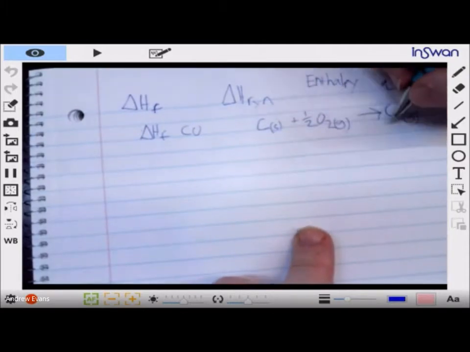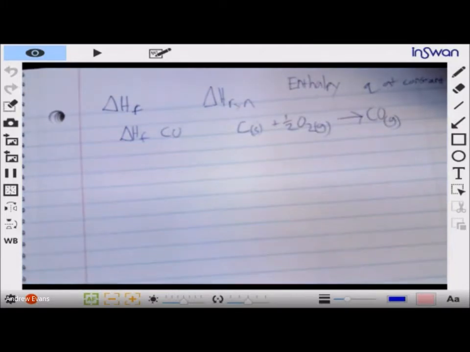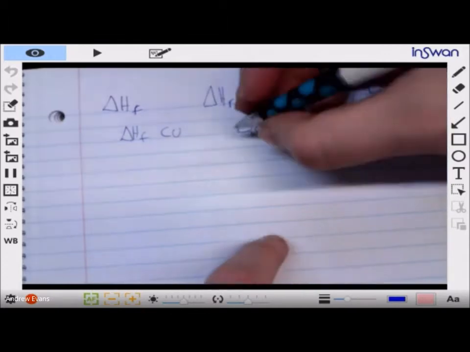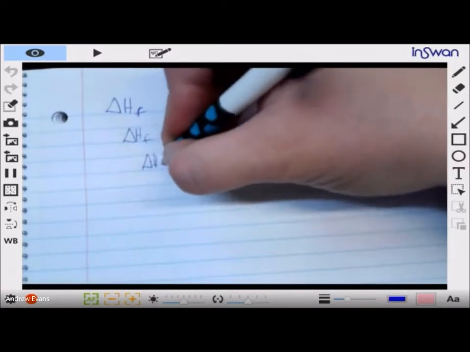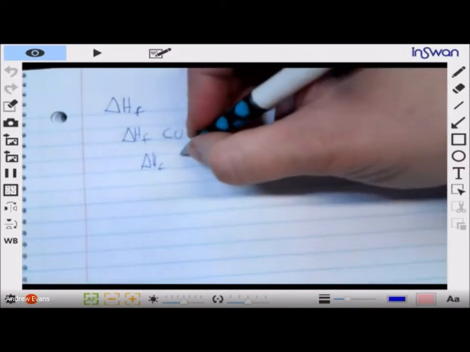This is the one time we're allowed to have fractions in here because we want the enthalpy of formation of one molecule of CO.